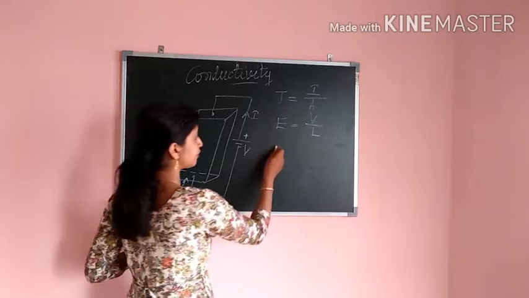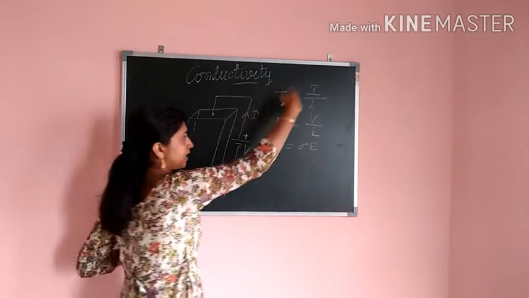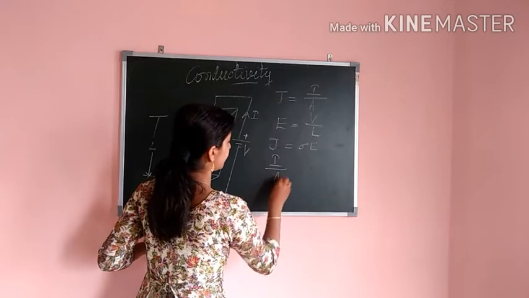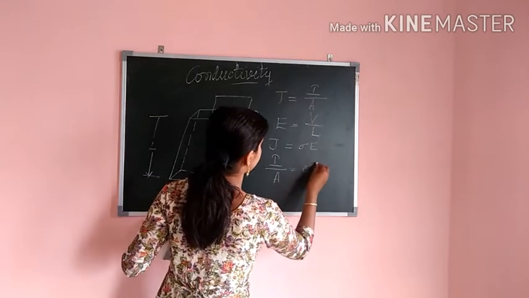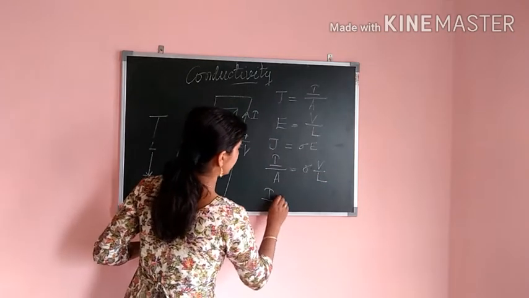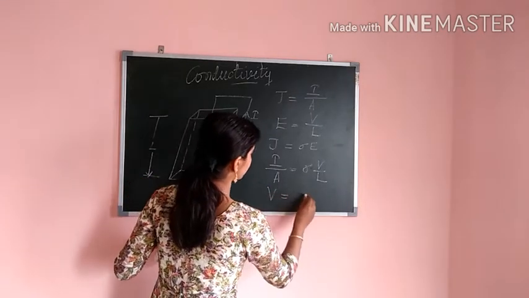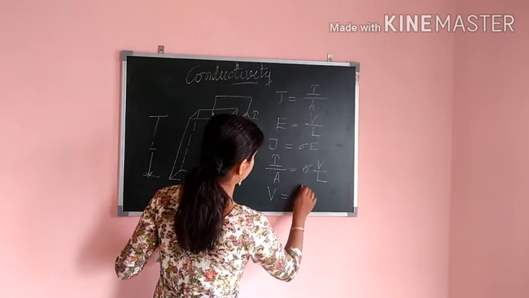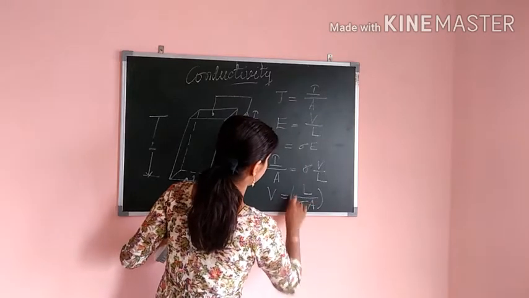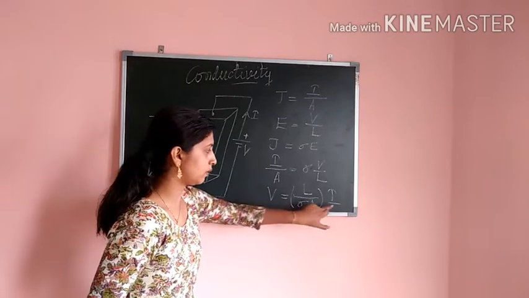Already we have an expression for current density as J = σE. Substituting the values of J and E, we obtain I/A = σV/L, or V = (L/σA)I.